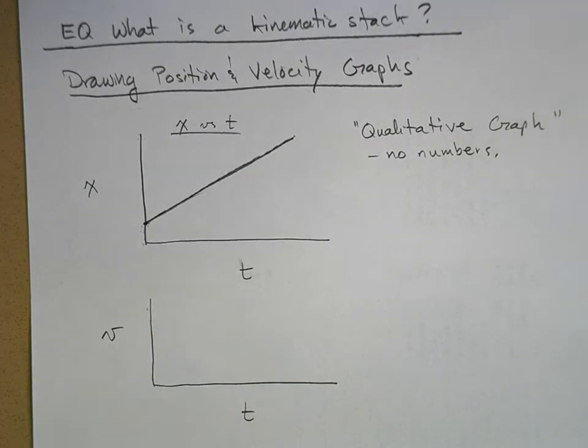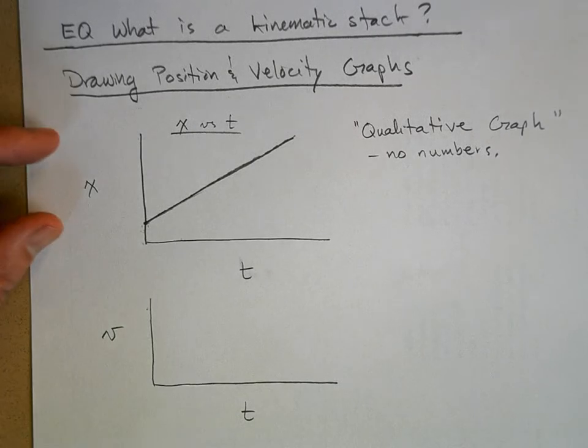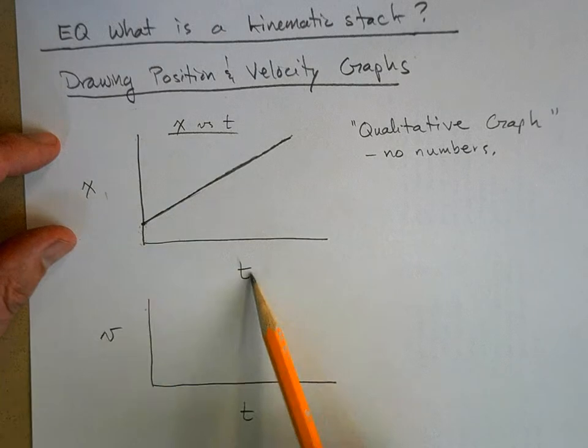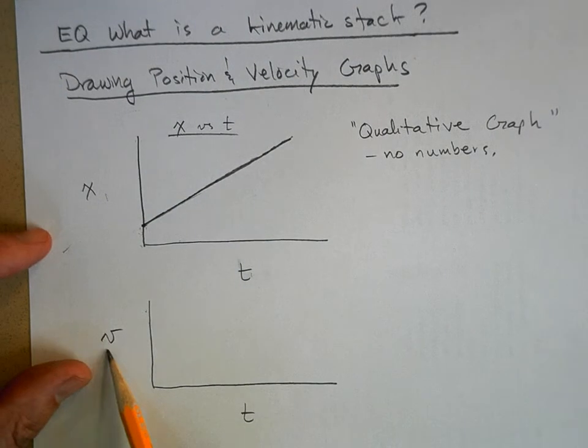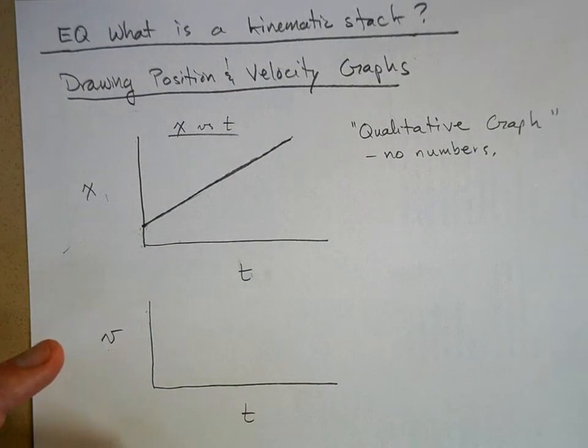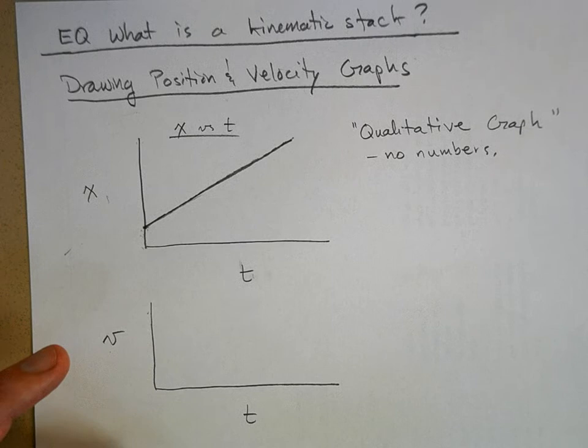And what I'm drawing right now is a qualitative kinematic stack. And what a kinematic stack is, when I have position versus time and velocity versus time, and eventually down here, guess what we're going to get to? Do you know what's going to be next after velocity?